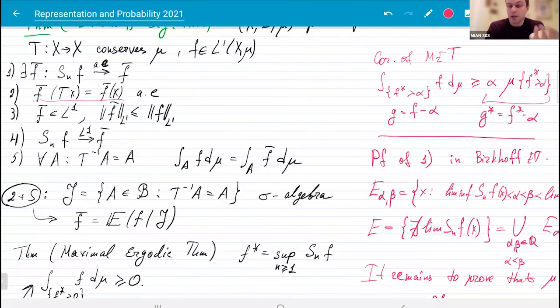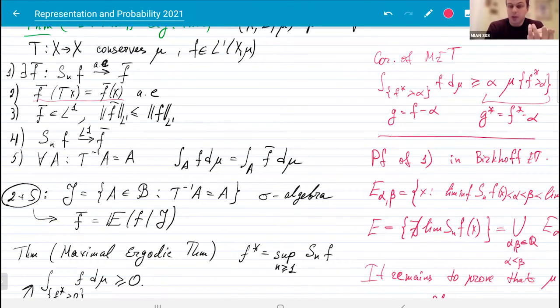The second question is the following: can we somehow find these invariant functions? Are there many of them for a given function and for a given measure?